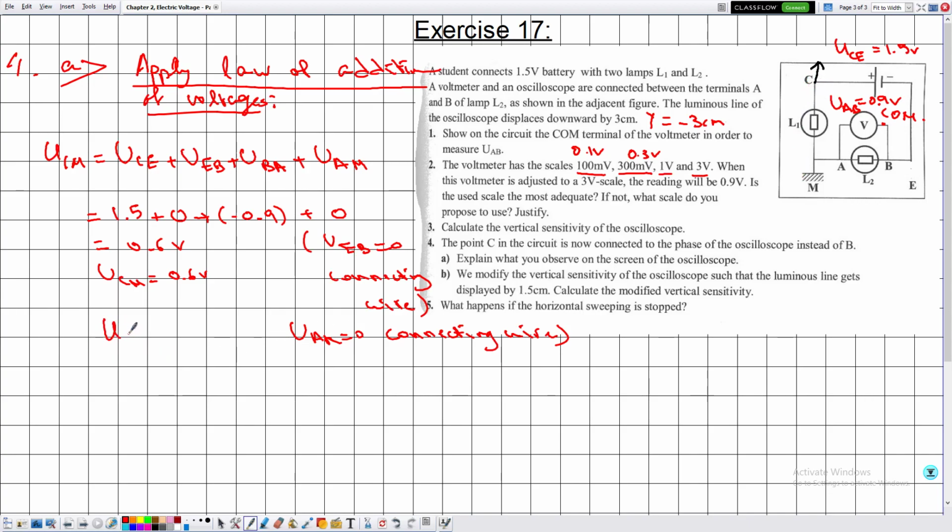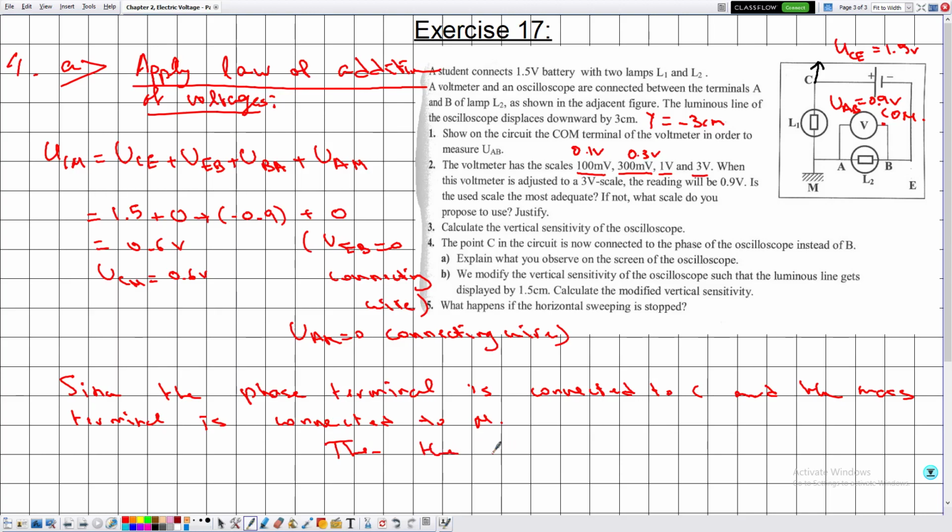So if UCM is positive, since the phase terminal is connected to C and the mass terminal is connected to M, then the oscilloscope measures UCM, which is positive.